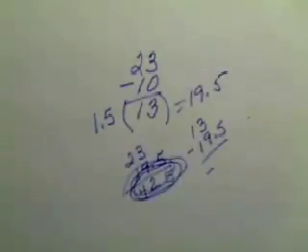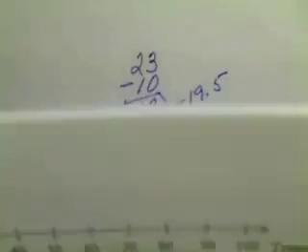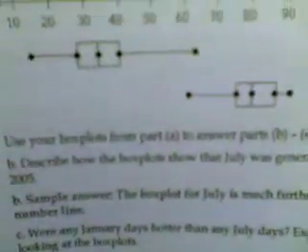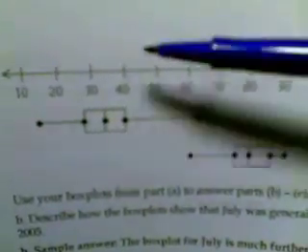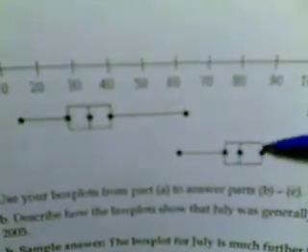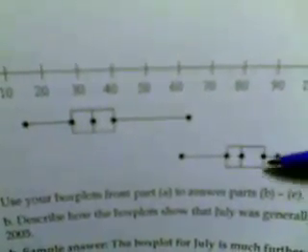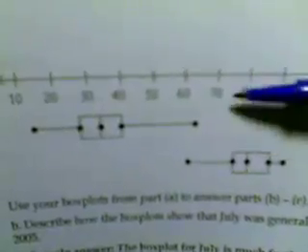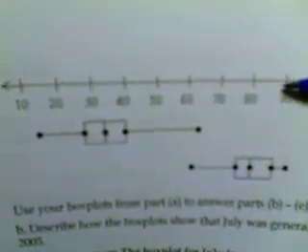We can compare using two box plots. This is showing temperature in January and temperature in July. And so on the number line, we can see that about half of the days in July, our temperature ranged from 75 to 88.